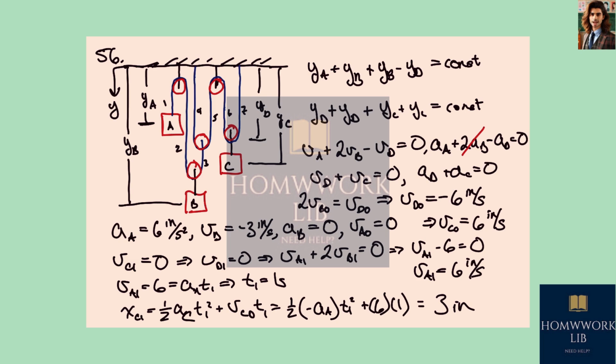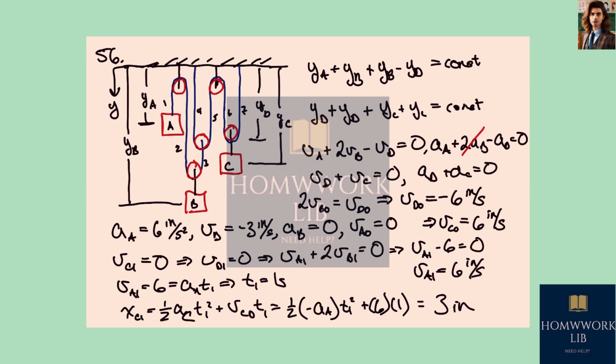So after 1 second, the velocity of this pulley, this weight, is 0. And then we want to know what the position of this weight is at that time. So its position at T1 is 1/2 times its acceleration times T1 squared, plus its initial velocity times T1.